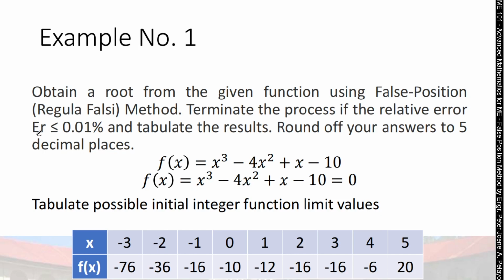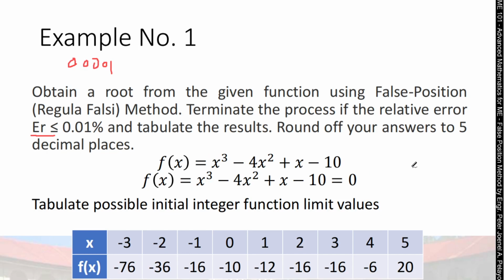So, correction dun sa percentage, pag percentage ang gamit natin, relative error siya. Pero kapag sample, hindi siya percentage, gagamitin natin is 0.0001 or something like that, EA or absolute error siya. So, basta percentage, relative error; pag hindi siya percentage, absolute error or EA.